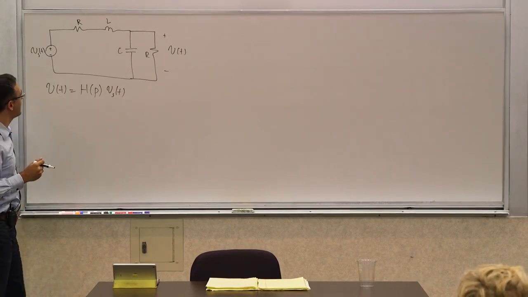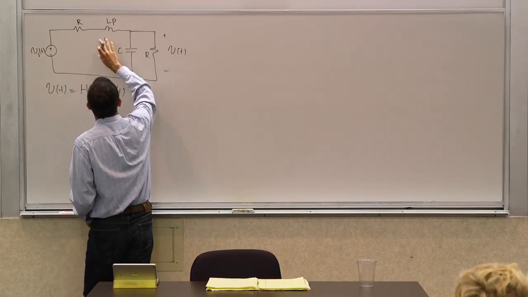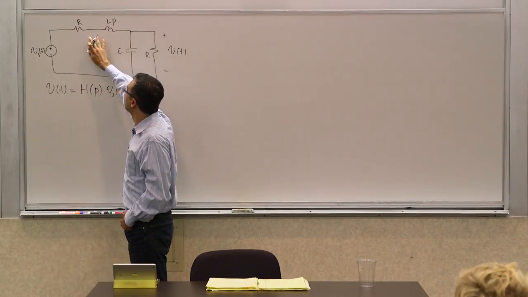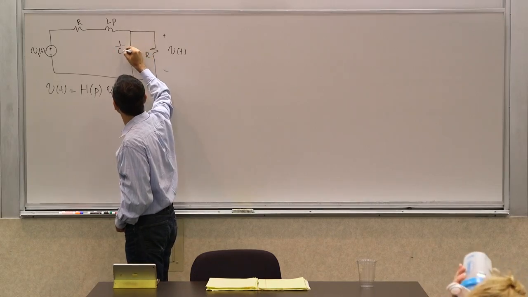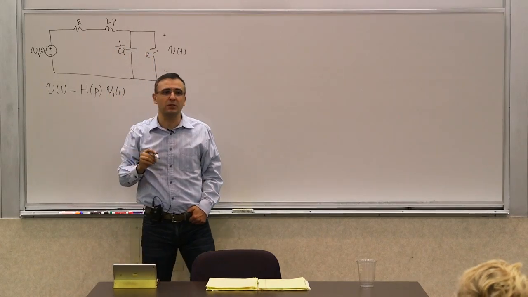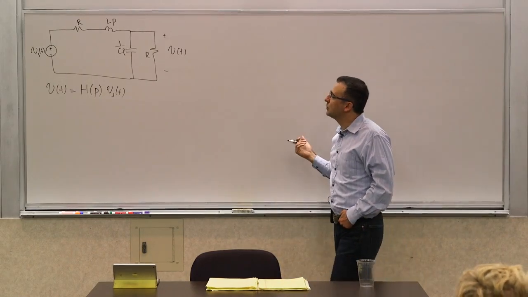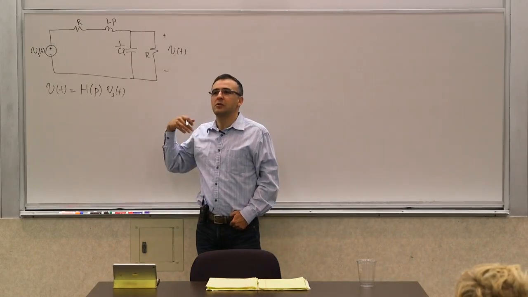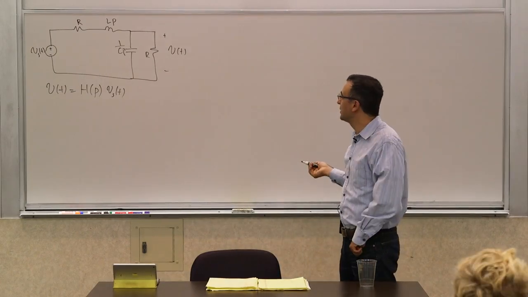The way to do it is, because of that relationship, you can think of this as a resistor whose value instead of being R is Lp, and you can think of this as a resistor whose value is 1 over Cp, or a conductor whose value is Cp. Then you can treat it like a resistive network and do whatever you did for the resistive network.